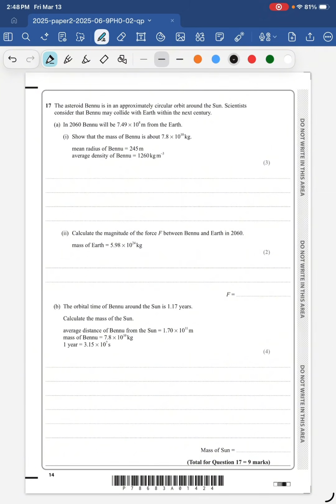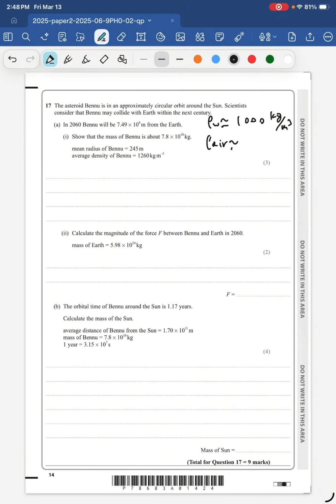Now, in 2060, Bennu will be 7.49 times 10 to the 8 meters from the Earth. Show that the mass of Bennu is about 7.8 times 10 to the 10 kilograms, and they give you the mean radius of 245 meters, and the average density of Bennu, which is 1,260 kilograms per cubic meter, which means that it's mostly ice, probably, because the density of water is about 1,000 kilograms per cubic meter.